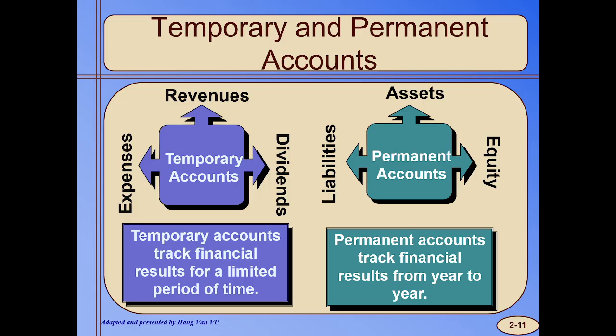On the opposite side, the balance sheet accounts like assets, liabilities, and equity are referred to as permanent accounts and they are not closed. The amounts in these accounts will carry forward into the next accounting period.